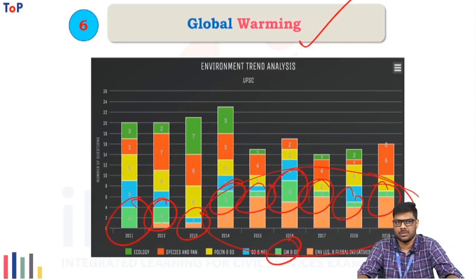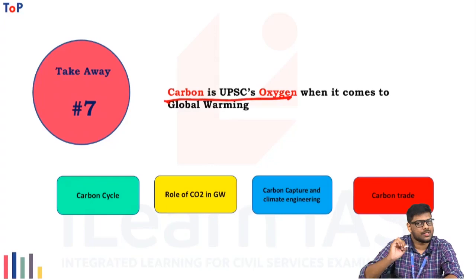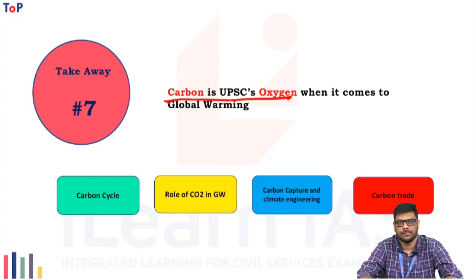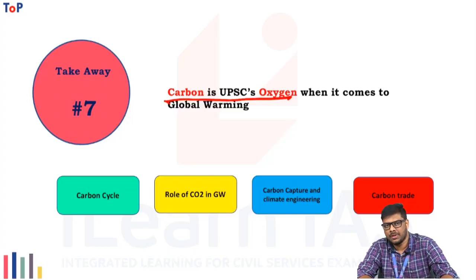And how will UPSC ask questions from global warming? This is my answer: carbon is UPSC's oxygen when it comes to global warming. What do I mean by that? UPSC heavily relies upon carbon or carbon dioxide to ask questions related to global warming.